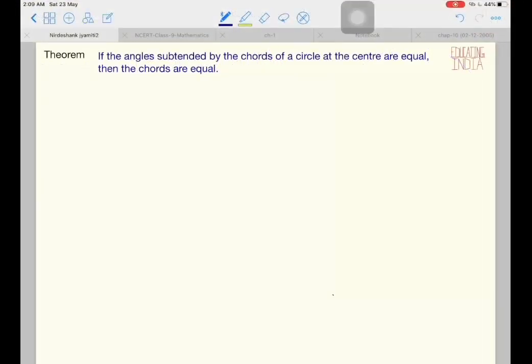Now we are seeing another theorem of the chapter Circles, chapter 10 of NCERT class 9 maths. If angles subtended by the chords of a circle at the center are equal, then the chords are equal. Suppose we draw one chord here, and this is how a chord subtends an angle at the center.